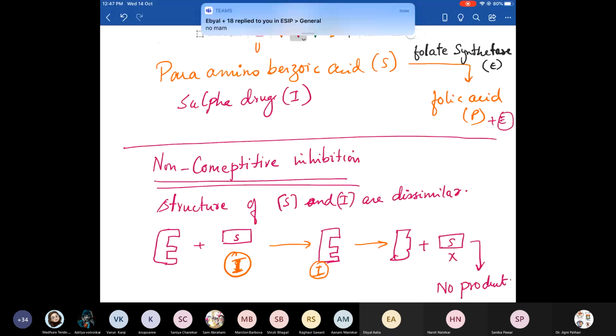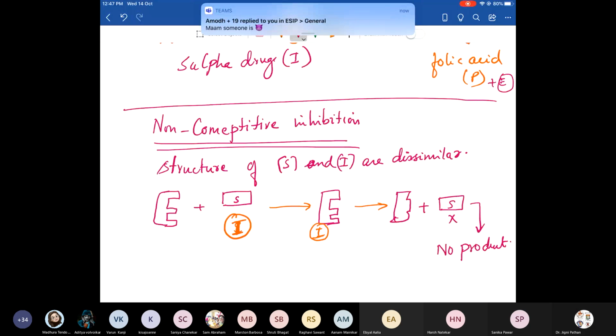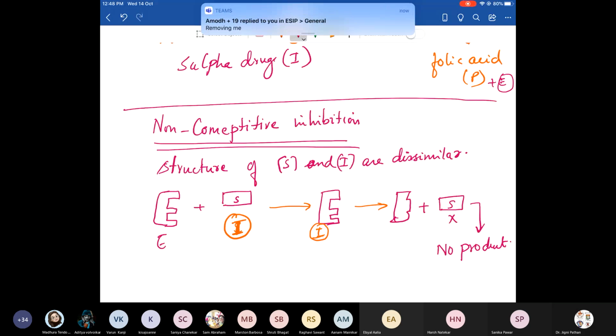Please understand. Here this is enzyme, that is substrate and inhibitor. Substrate and inhibitor are dissimilar, but still there is an ability of an inhibitor to bind. It might not bind to the active site, but it might bind to enzyme.